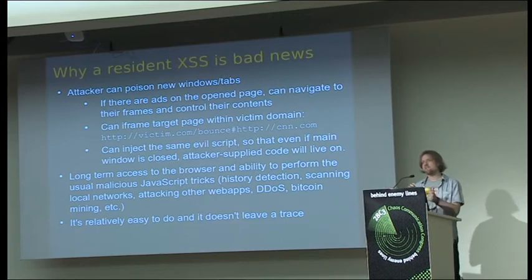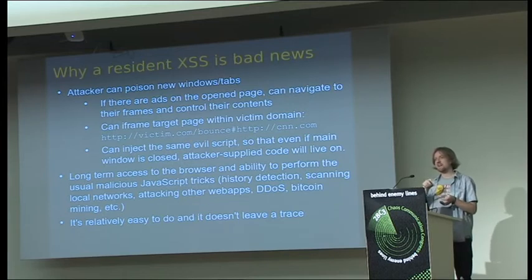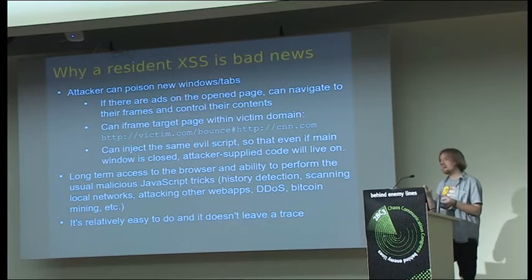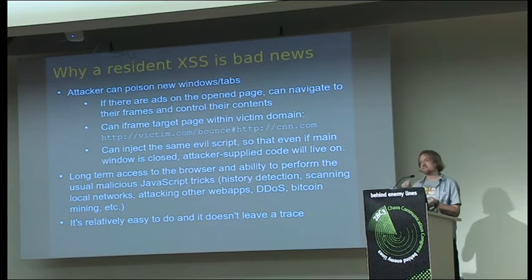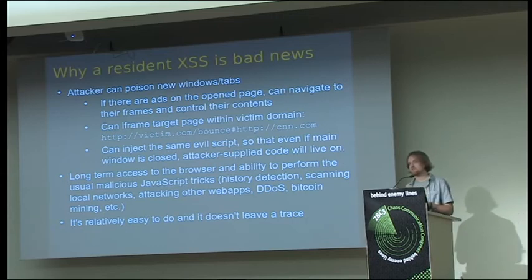So obviously, if there are no cross-site scripting bugs on CNN, the attacker can't do it directly. But if there are any ads on CNN, the attacker can navigate the frames. So the same origin policy has some exceptions for what kinds of cross-origin navigation can be done.